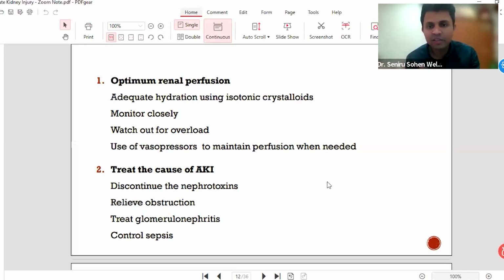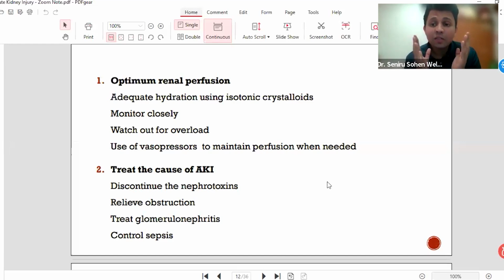Or if you are calculating the input hourly, you would go for the previous hour's urine output plus around 40 cc to balance out the insensible losses when deciding on the input for the next hour. And giving fluids is not at all advisable if the patient is having anuria.